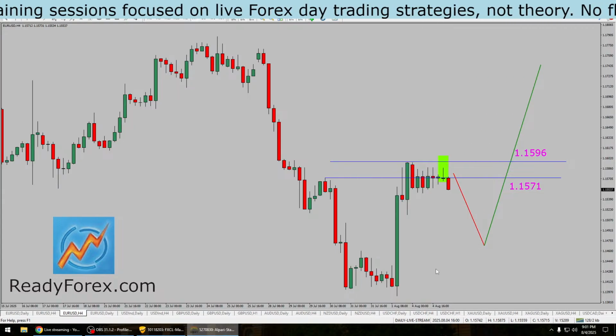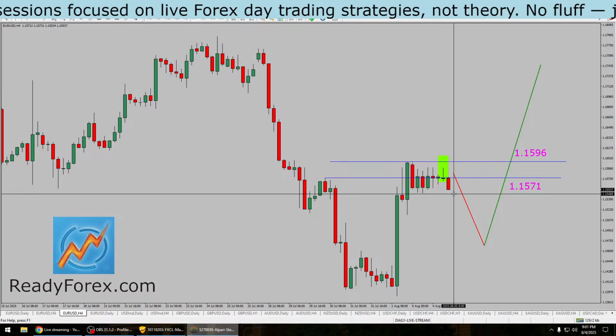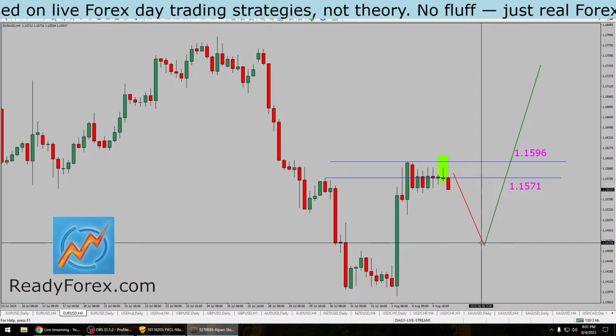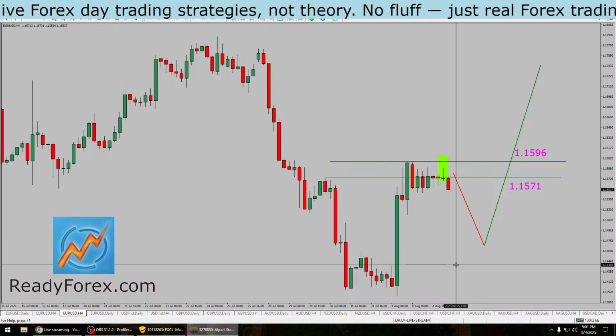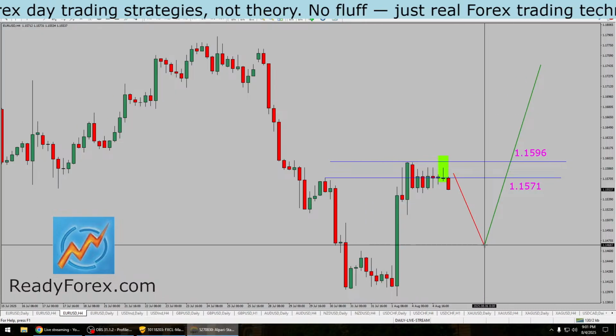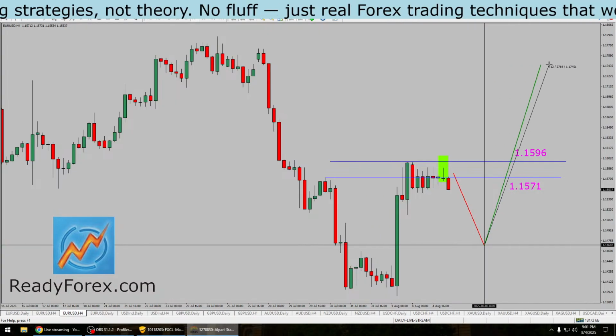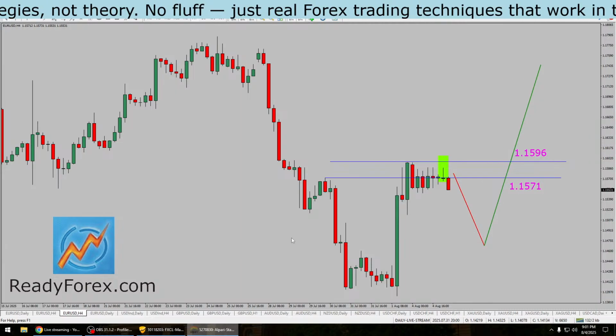Okay, so over here, the way I see euro dollar is most likely going to drop more. Now, one idea over here is price action is going to drop and then it's going to bounce back up from current levels. That's one idea.